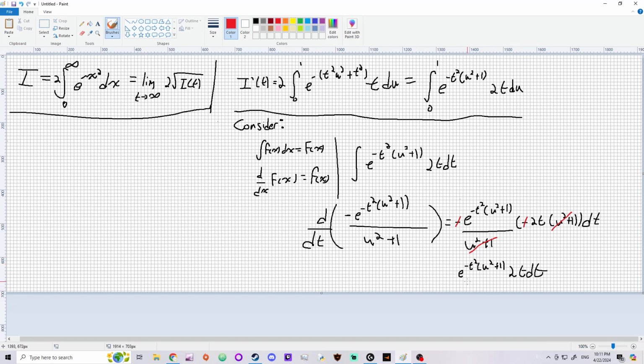This here is the same as what we had originally, given FTC part 1. And that's why I wrote this. Oh, sorry, I moved that little dash here. We integrated this, so our function gives us big F. This is big F here.